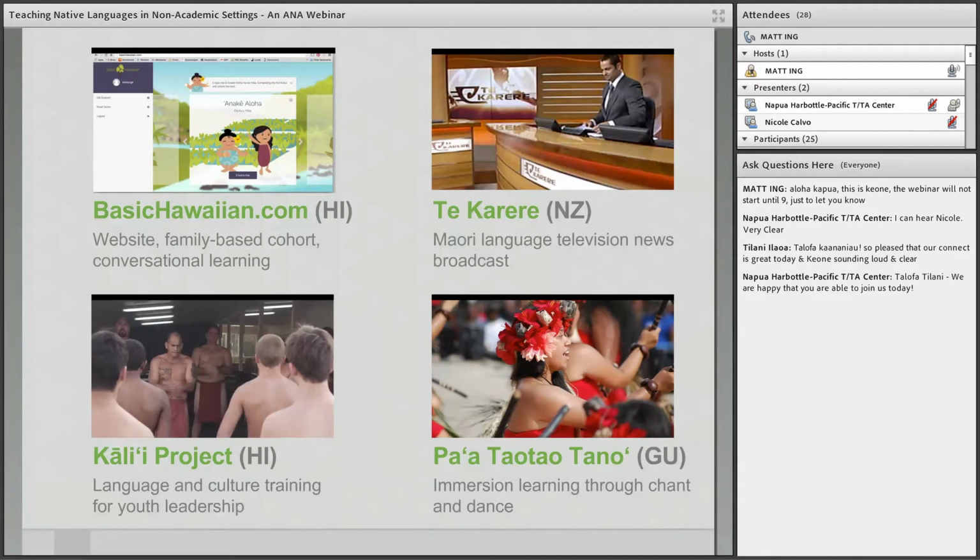On the top right, you have Te Karere. Te Karere is actually a Maori language television news broadcast. Now, although it's not ANA funded, I think it really shows us the possibilities of having language being more normalized within all of our households. And one way of doing it is to broadcast it. And there are many, many native language broadcasts throughout the United States now, primarily through radio.